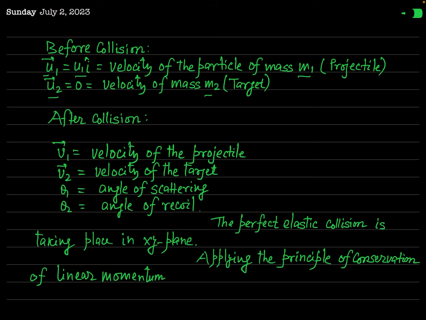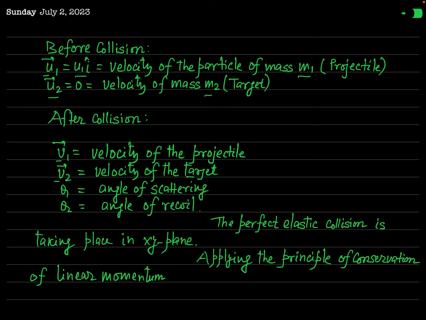But after collision, the velocity of the projectile becomes v1 and the velocity of the target becomes v2, and the angle of scattering is theta 1 and the angle of recoil is theta 2. Okay, and we are considering the perfect elastic collision in the xy plane.